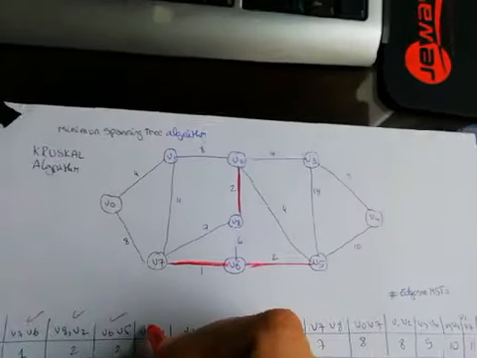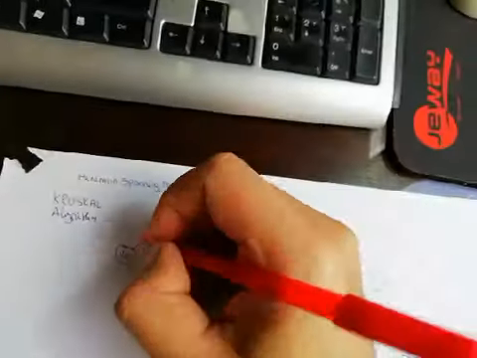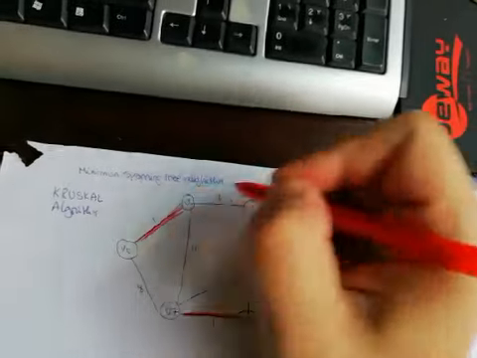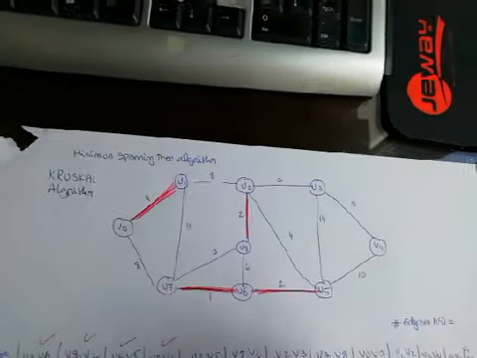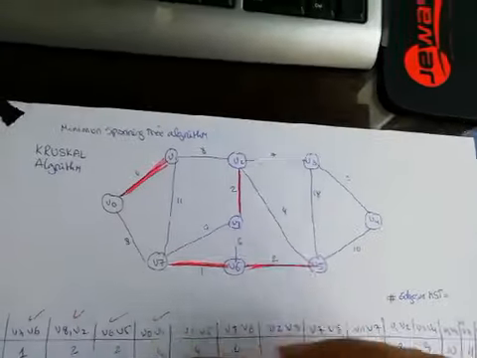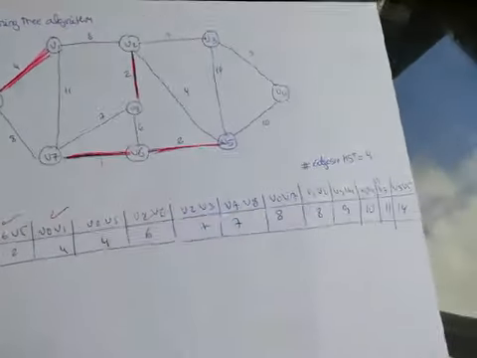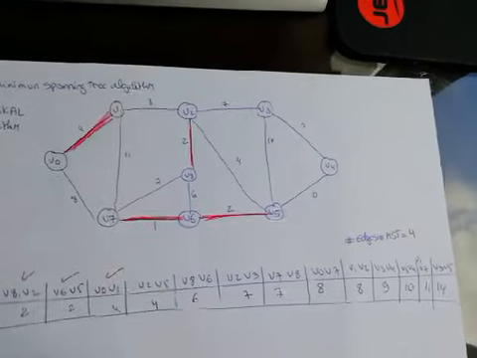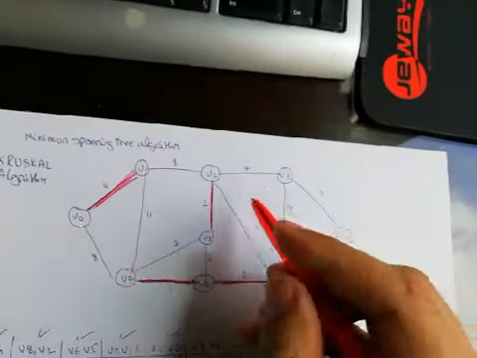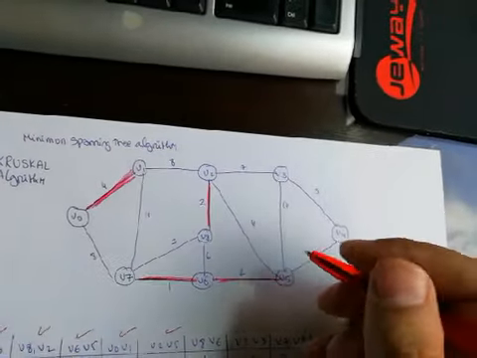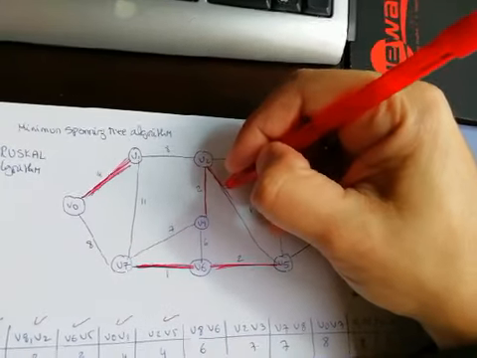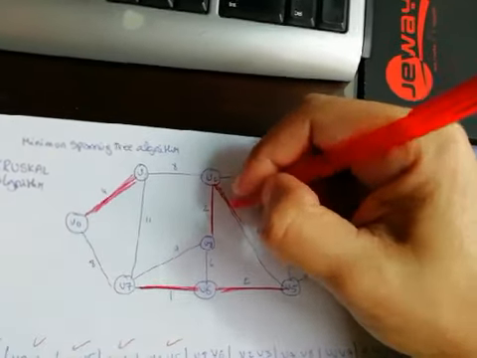And then V0, V1, it is 4. So now we have 1, 2, 3, 4 edges. Then we have V2, V5, which as well does not form a circle.